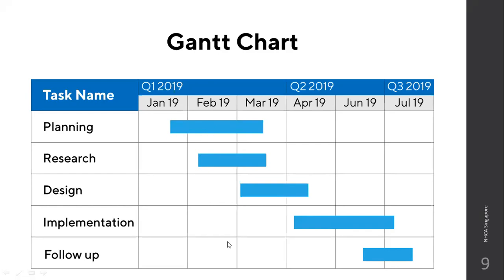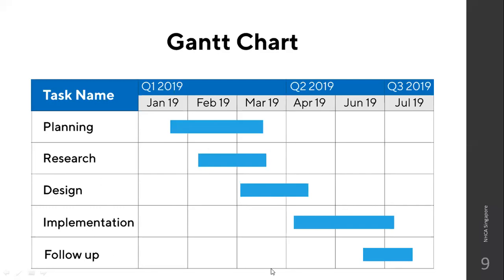So just looking at this chart itself, you can understand how each of these major tasks, big events, are scattered from January to July, and when they should be finished. You can't drag planning beyond March. Okay, so that is understood. You can't drag the design beyond April, and you can't start design before February. That is understood by the Gantt chart.